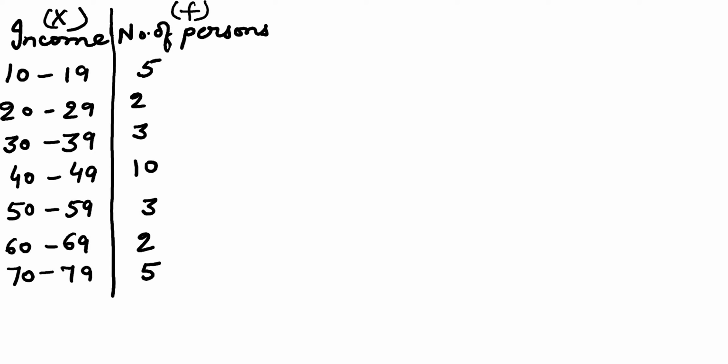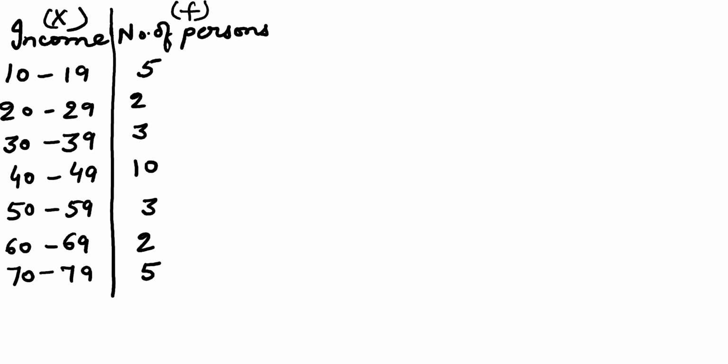If you remember, in the previous video it was explained that this is a continuous series, so you must know the methods which are applicable in the continuous series and their formulas. You must have practiced them, I hope. So let's see how to calculate arithmetic mean, and we will use the step deviation method for this question.